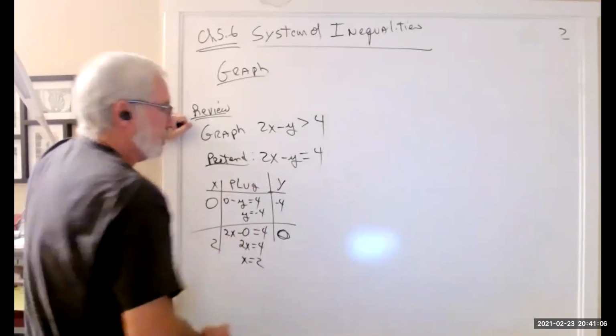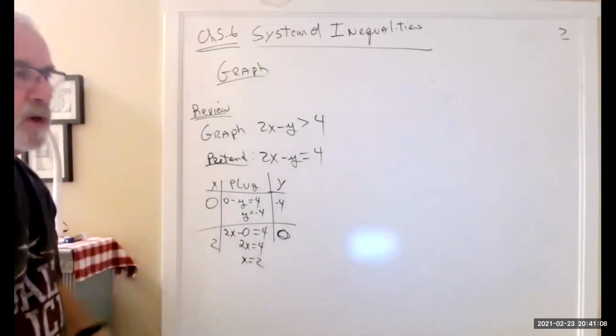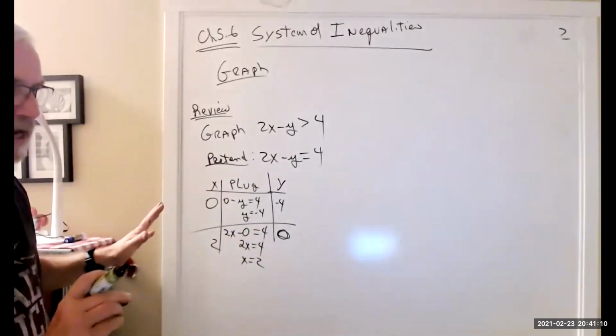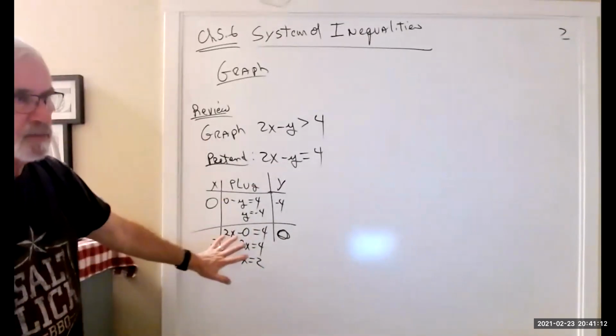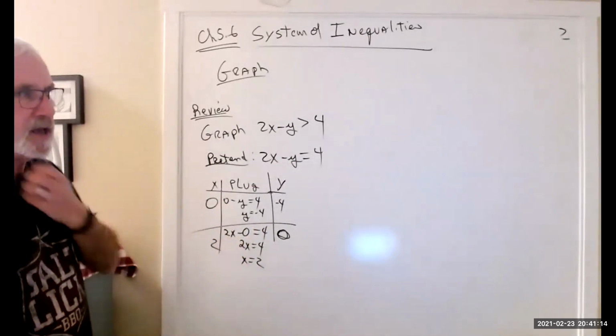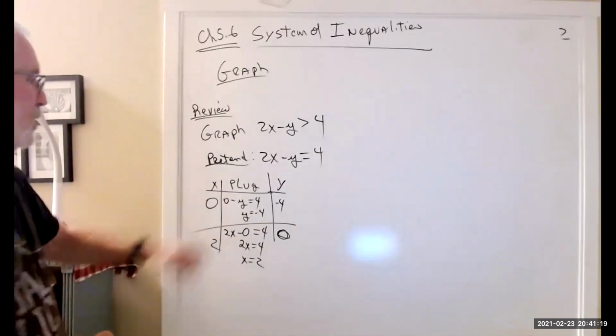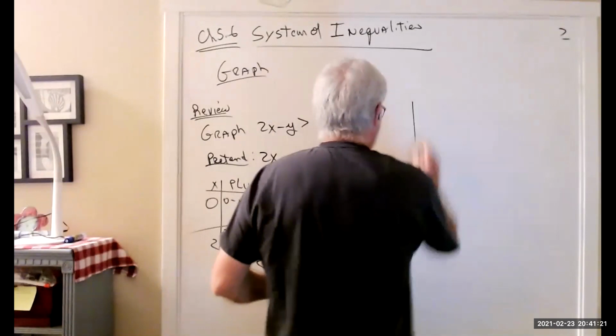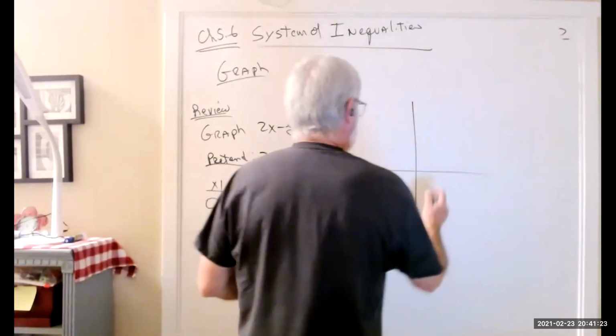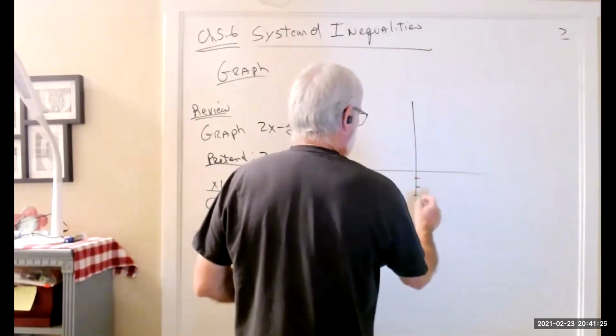Again, look, I'm building a table. If you want to use slope intercept, go right ahead. If you want to use different numbers than I use, go right ahead. The end result is we're going to get the same answer. So then we graph this. Okay, so we go to 0, negative 4.